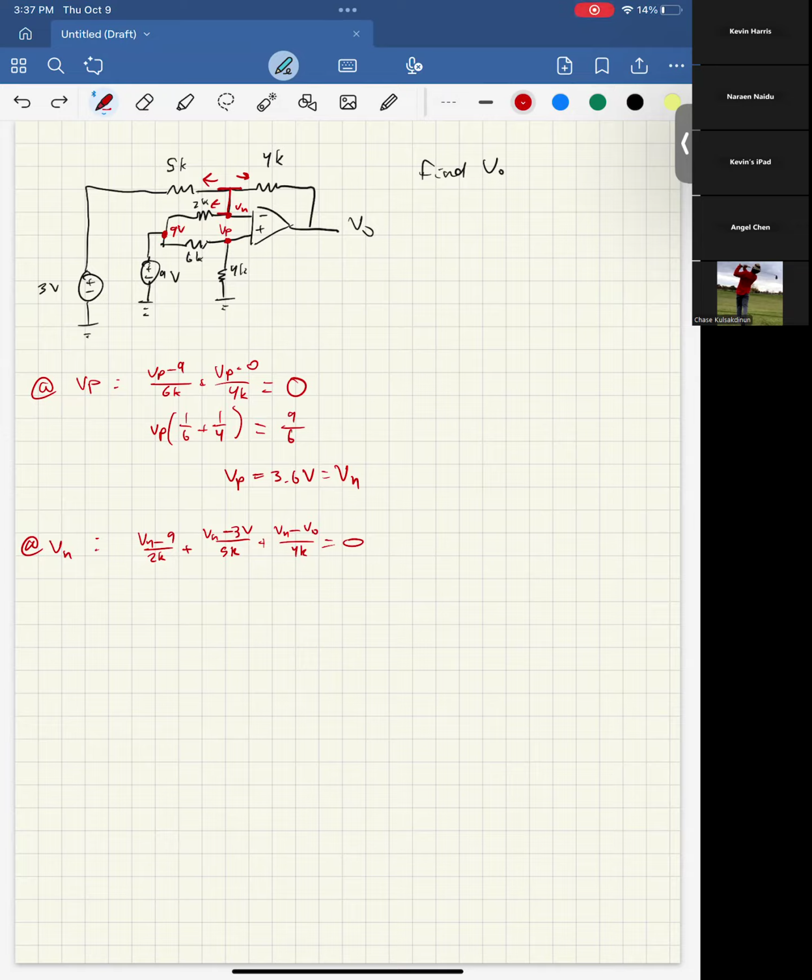Anyway, what we're going to end up getting from this is V out over 4K. We just take this part and move it over preemptively. That is going to equal, in the same way I did before, Vn times (1 over 2 plus 1 over 5, so that's here and here, plus 1 over 4), and then minus 9 over 2 minus 3 over 5.